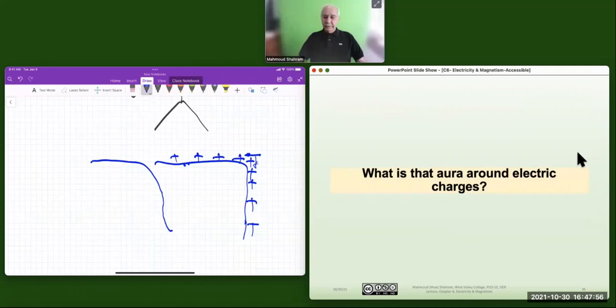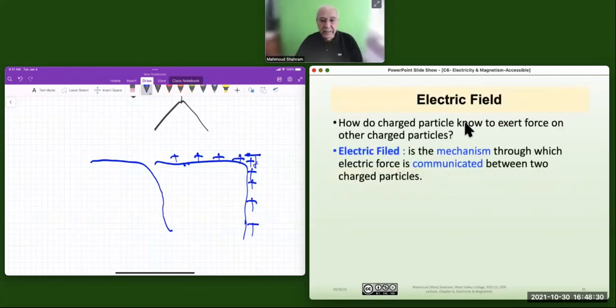Now we talked about this field around electric charges. Electric charges have what you might call some sort of an aura around them, which sends a message to the outside that, hey, I am a negative charge and have so much charge. That is called the electric field.